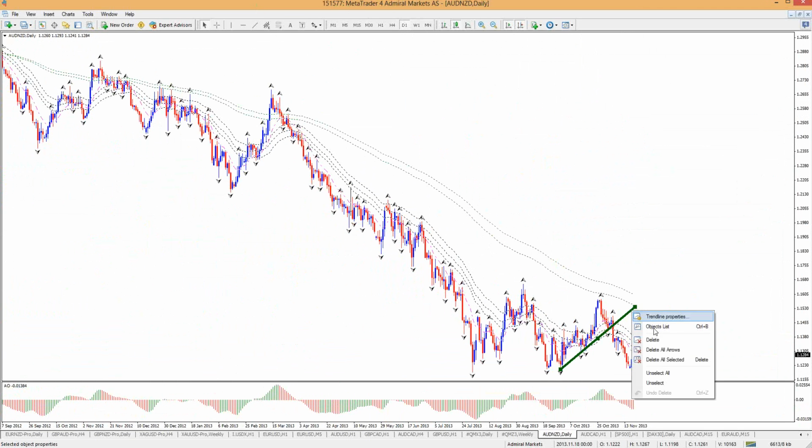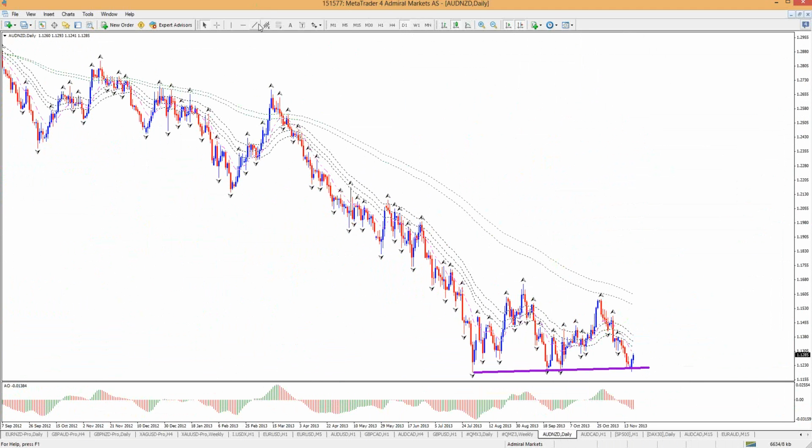This is the Aussie New Zealand. This is just bouncing back and forth in a way. Kind of in a triangle at best, if not in a descending wedge, maybe even.